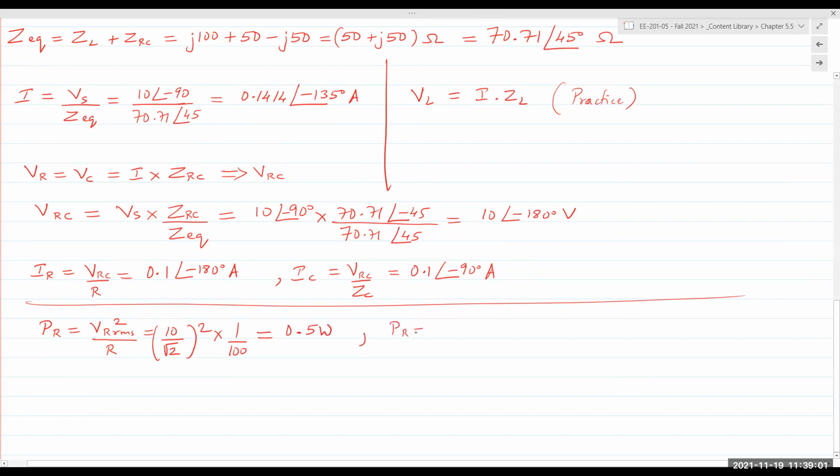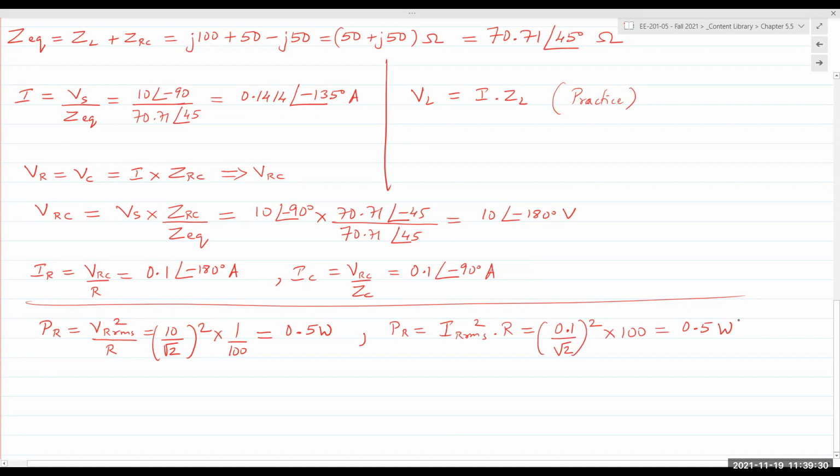Alternatively, PR can also be found as IRMS square times R. Peak value is 0.1, divided by root 2 gives me the RMS value, square, times 100. Again, gives me 0.5 watts.